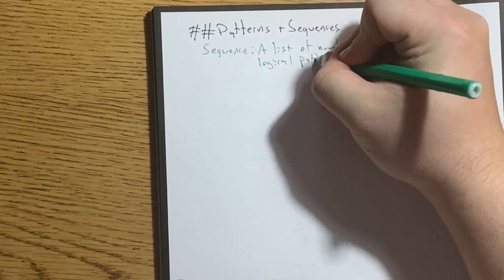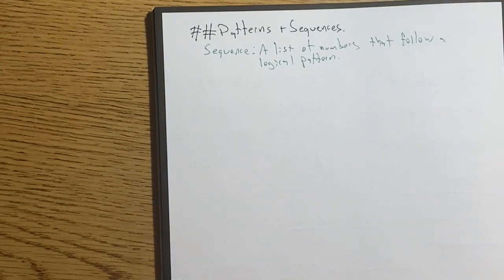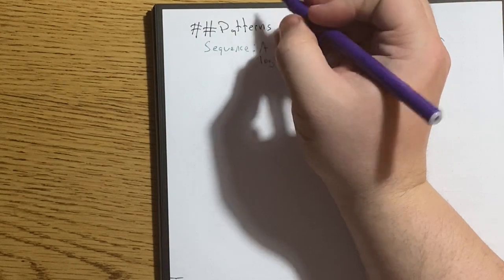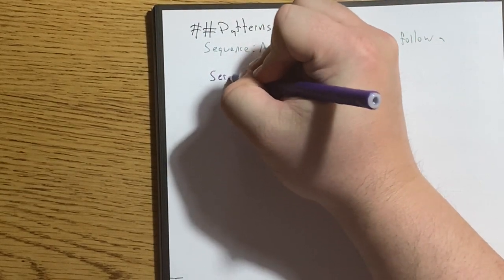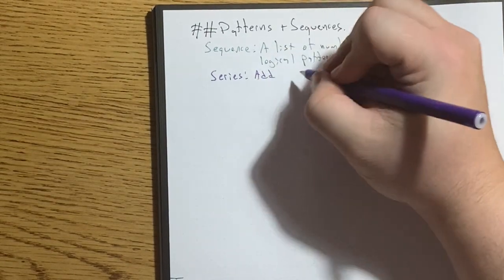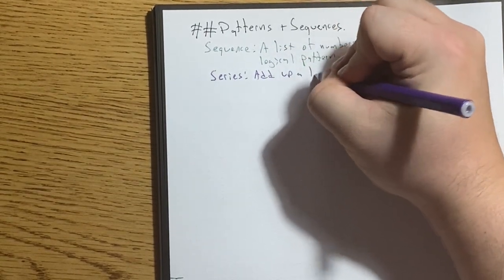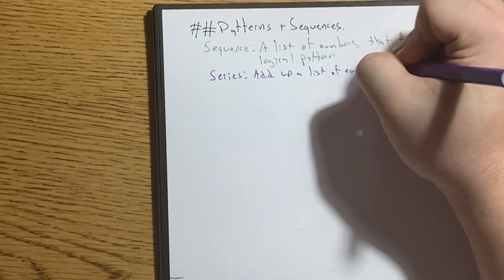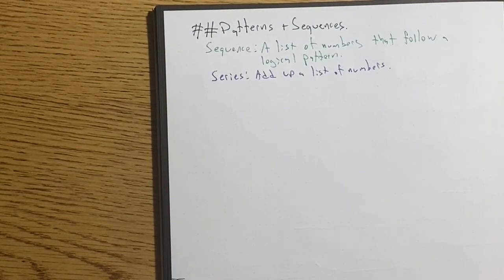Even though we're not going to do any of it, I put some questions on there about series, but I wouldn't do them if I were you. A series is when you add up the list of numbers. So we're only going to be talking about sequences.